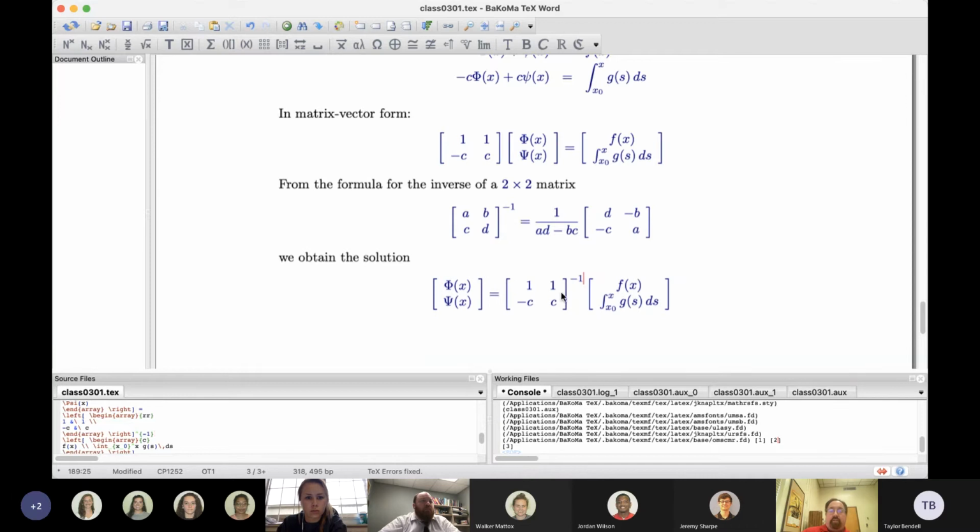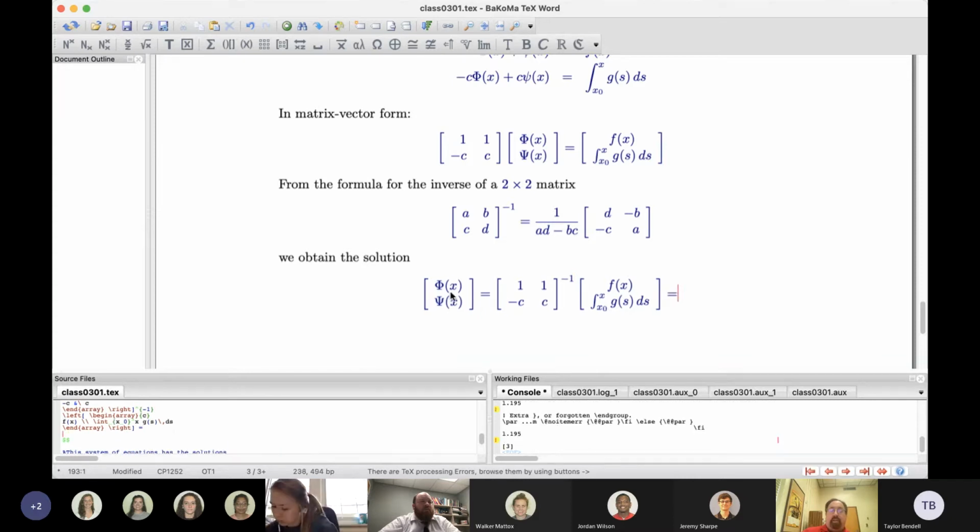So it'll be the inverse of this matrix times my right-hand side functions. But what is that inverse? Well, I take the determinant, I get c minus of minus c is 2c.